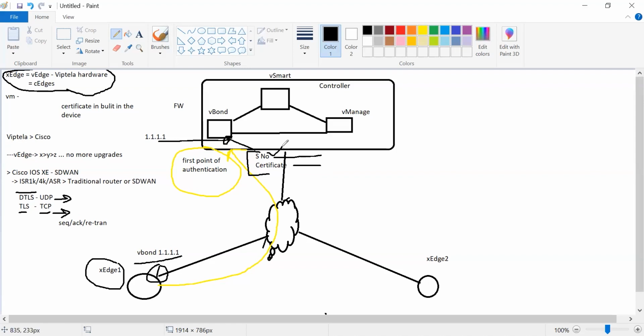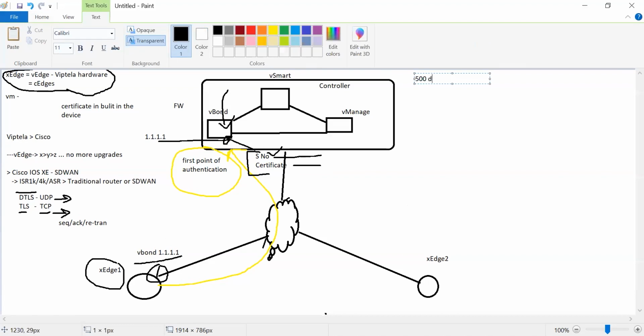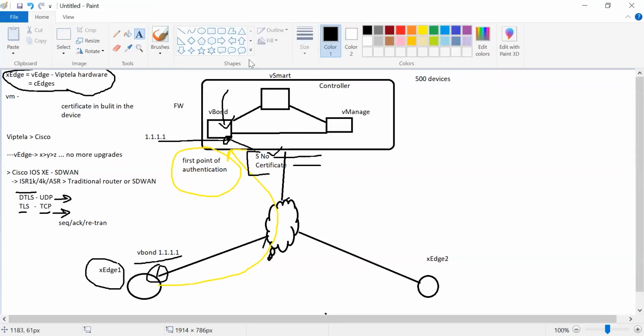We need to whitelist the serial number in advance on vBond. If we expect 500 devices to onboard into our SD-WAN network, we need to whitelist 500 serial numbers on vBond in advance. I'll show you on vBond how we can see which serial numbers are whitelisted, but we need to tell vBond in advance that these are the serial numbers it may expect connections from.